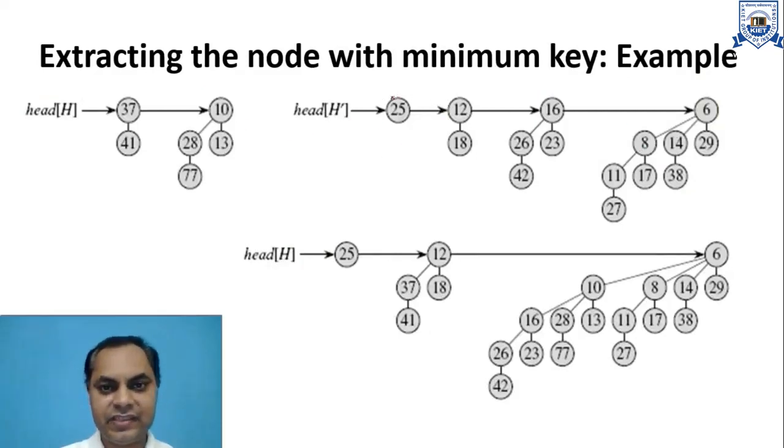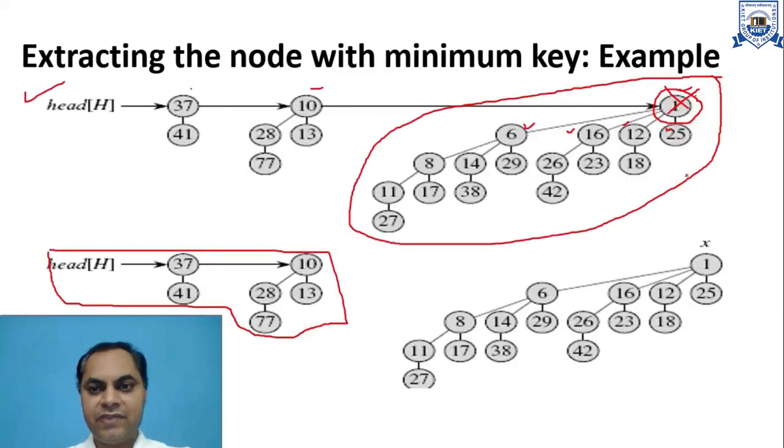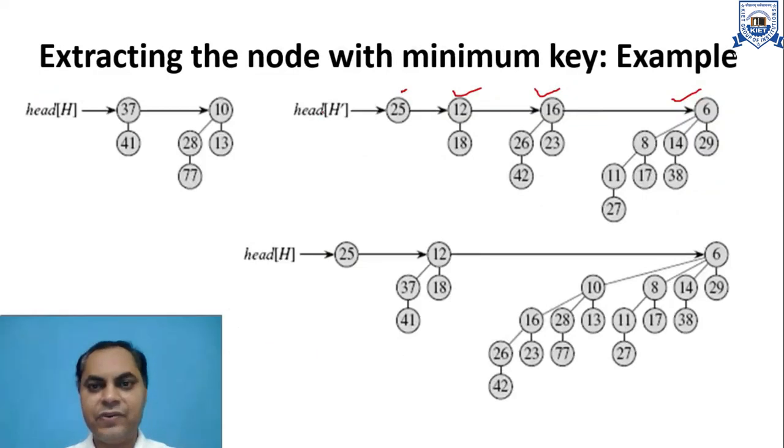This was the new H dash which contains 25, 12, 16, 6, and as you can see in the previous slide it was 25, 12, 16, 6. So with the help of these subtrees we will create our new heap H dash. Now till now we have two heaps, H and H dash.